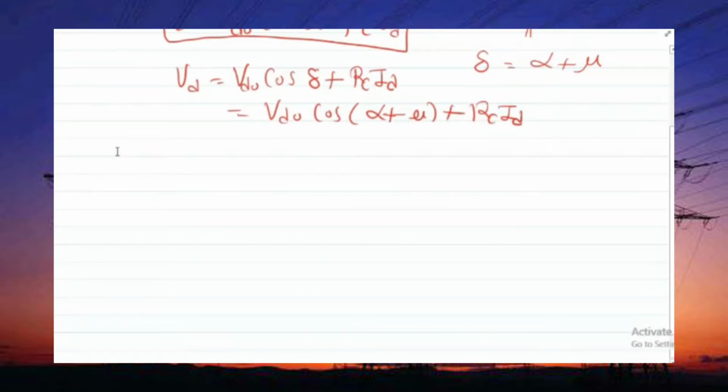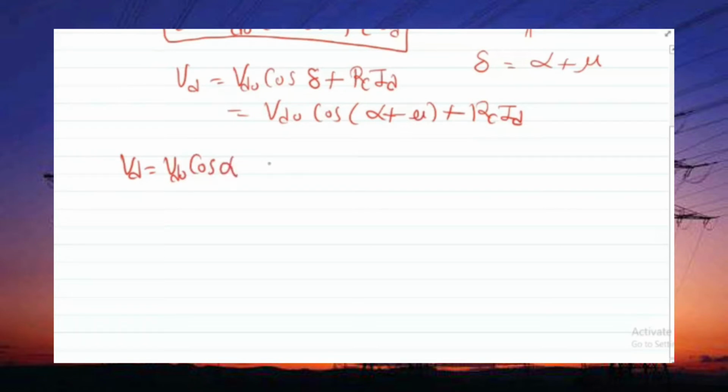Now if we consider the inverter operation, or calculate the DC output voltage in the inverter operation, and if there is no commutation overlap, the DC output voltage VD is equal to VDO cos alpha.